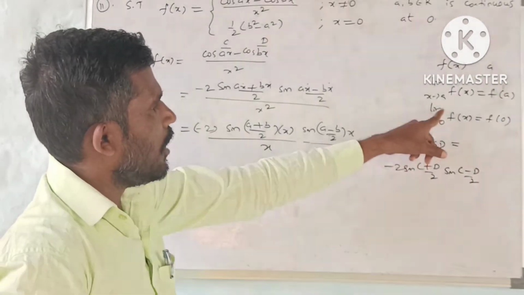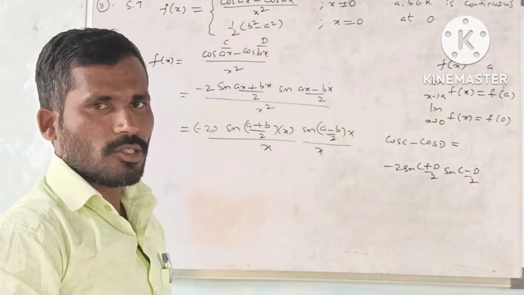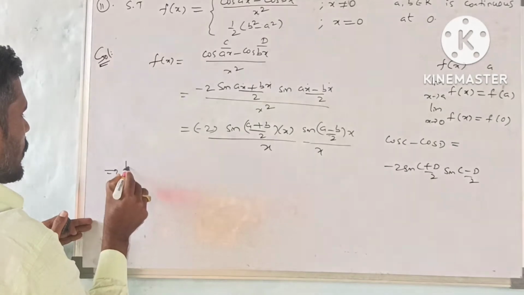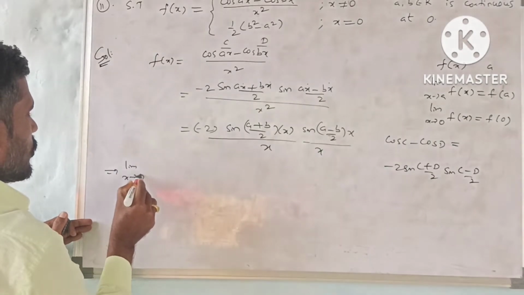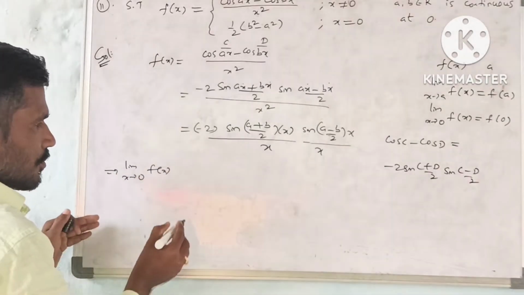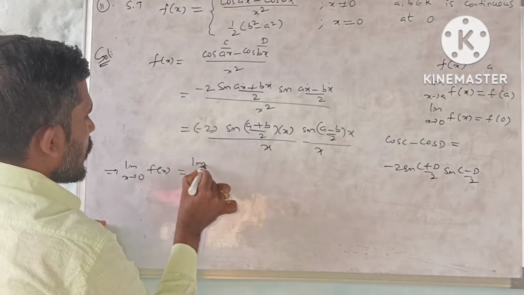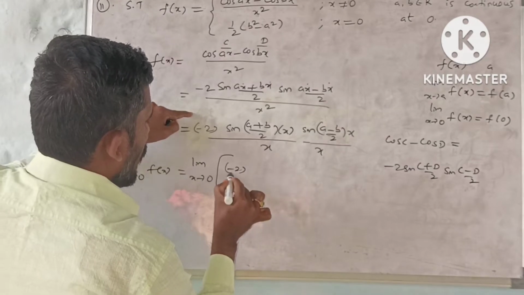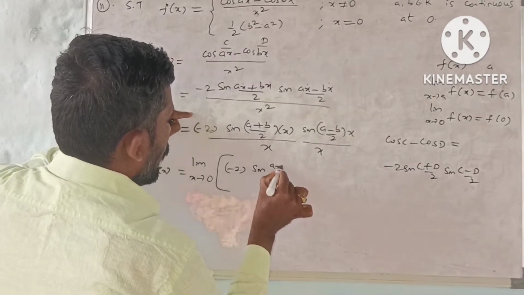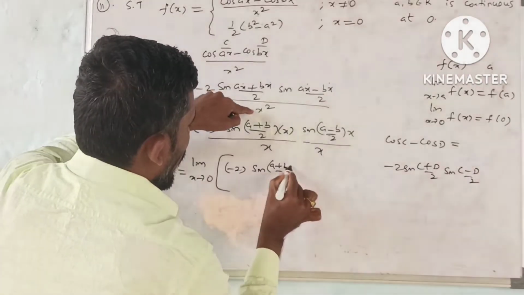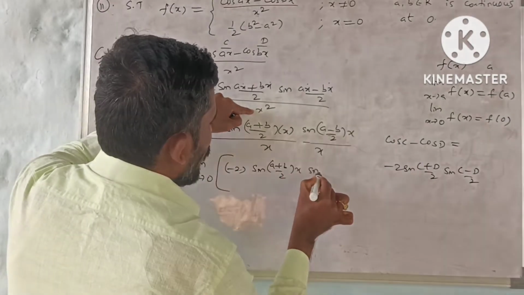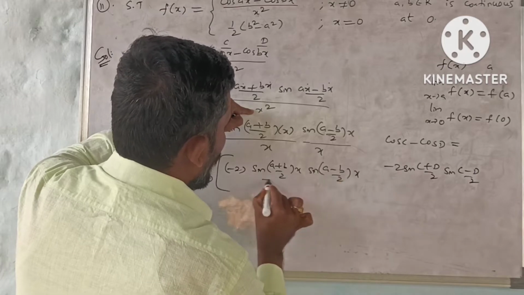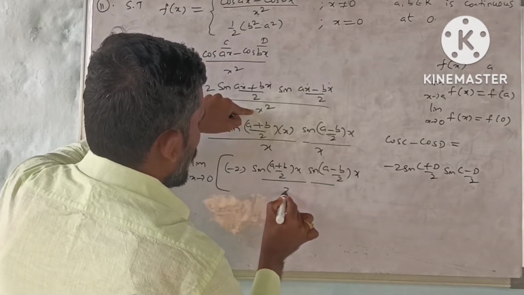So what do you want here? Limit x tends to 0, f of x. So for that I am applying the limit on both sides. Applying limit x tends to 0, f of x equal to limit x tends to 0 of minus 2 sin of (a plus b) by 2 x by x, times sin of (a minus b) by 2 x by x.